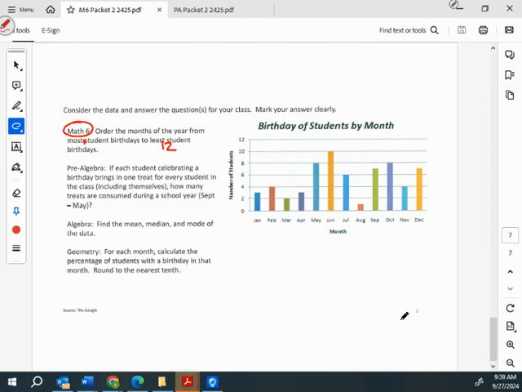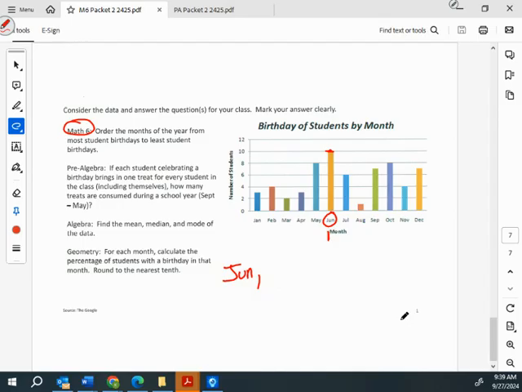Maybe. It actually wouldn't be 1 and 12 because there are some that tie each other. So, putting them in order, we'll start with the one that's the most. The one that's highest on the graph is June. So June would be a 1, or you could write June.